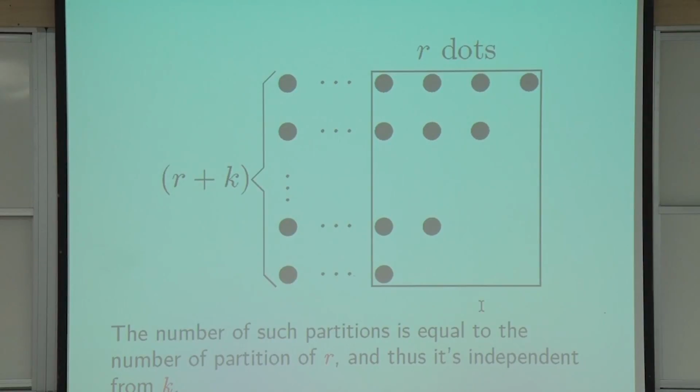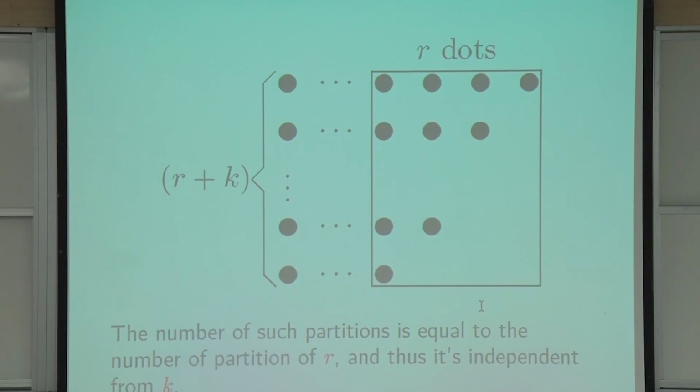The clever observation is that the number of ways to partition 2r plus k in this way is exactly equal to the number of ways to partition the number r. So what does that mean? It means that it is independent of k. The number of ways to partition r, you don't have the k there. So this is so interesting.